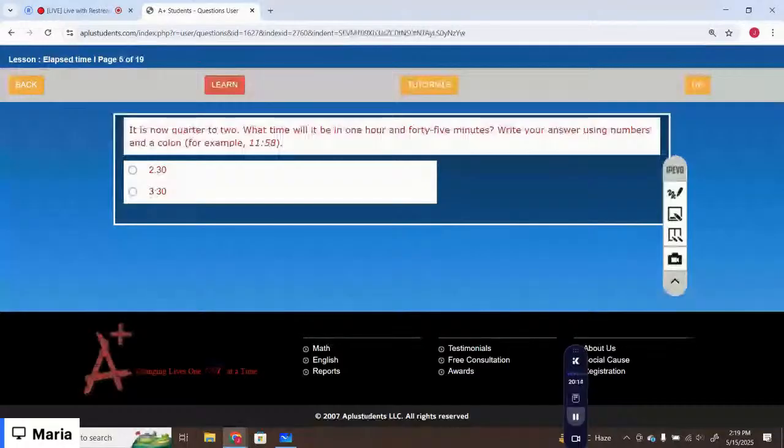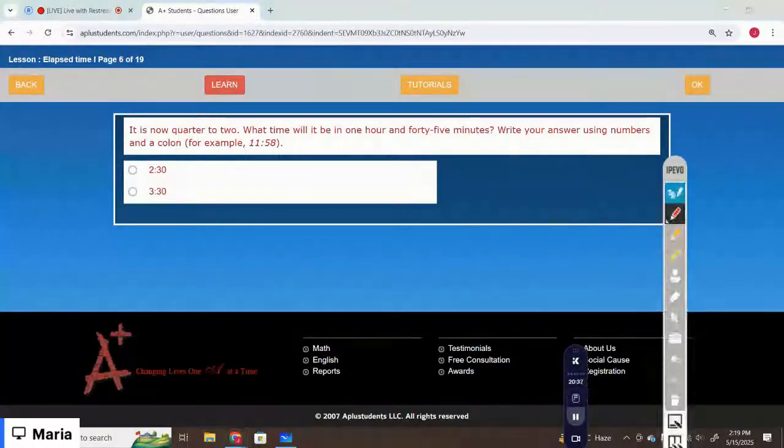It is now quarter to 2. What time will it be in 1 hour and 45 minutes? Write your answer using numbers and a colon. Quarter to 2, right? That means you need to add 1 hour and 45 minutes.